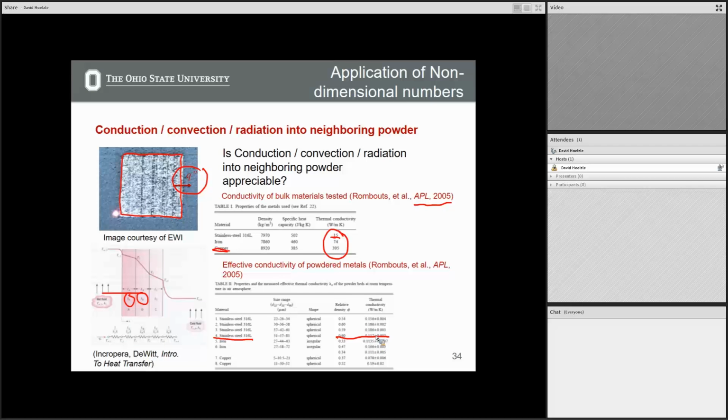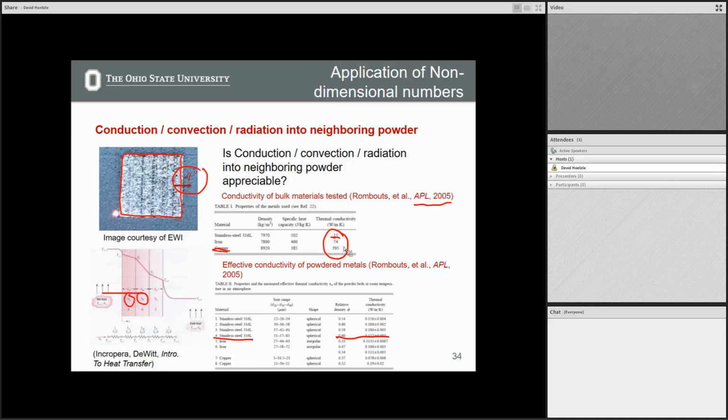So it's about 2 orders of magnitude difference. Is that legible, or is it tough to see? Very tough to see, but it's legible? Okay. All right, so around 0.15, so 2 orders of magnitude smaller in terms of the effective thermal conductivity of powdered metal versus solid, or bulk, metal.